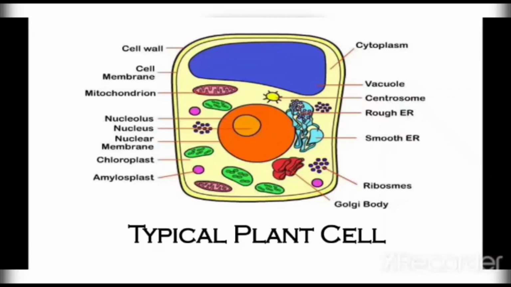Animal cells as well as plant cells possess different organelles that perform different functions. As I told earlier, every part does a particular function. Most of the organelles cannot be observed through the light microscope. Therefore, the electron microscope should be used to see the typical plant cell structure.